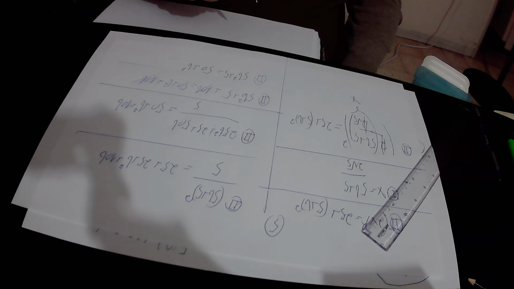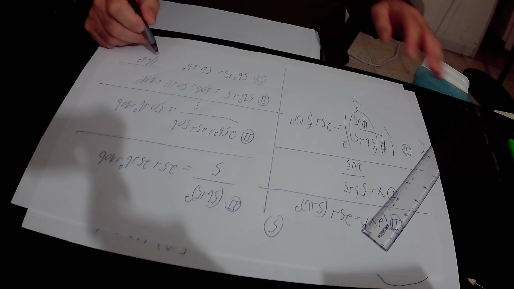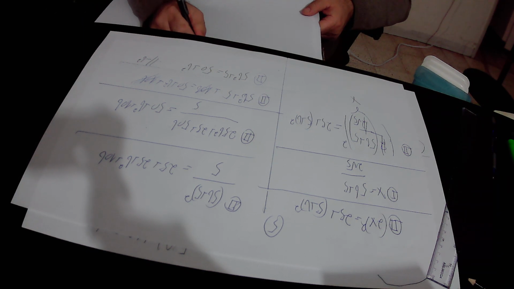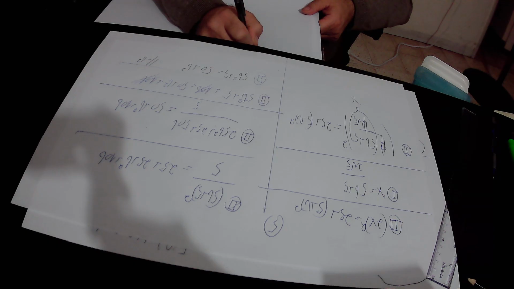So 5b squared plus 5 equals 50 plus b squared. Here we'll subtract b squared from the equation. And finally, 5b squared minus b squared is 4b squared, plus 5, equals 50.